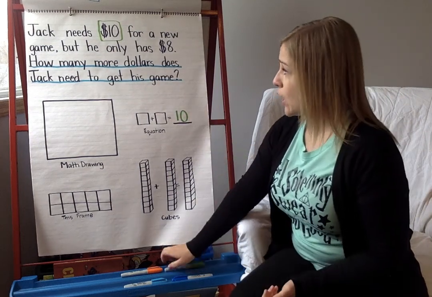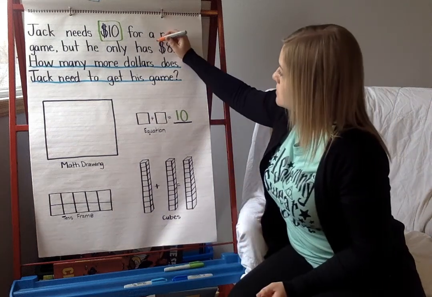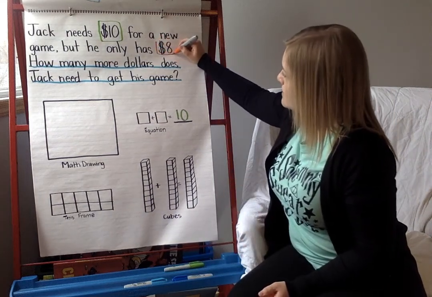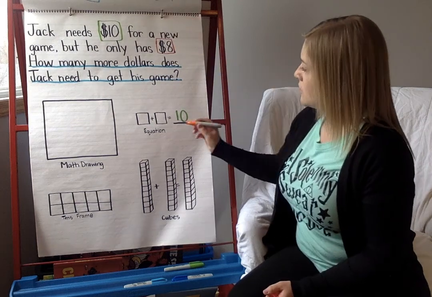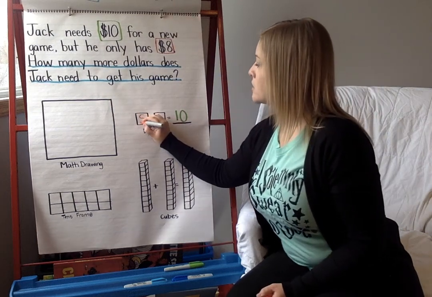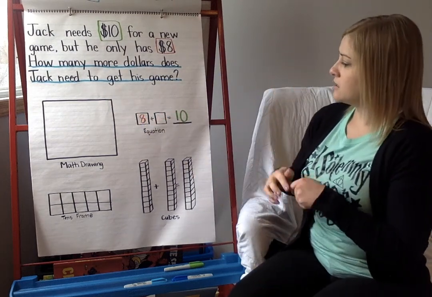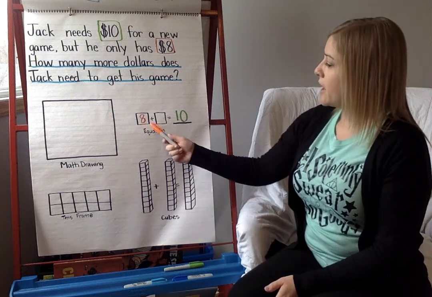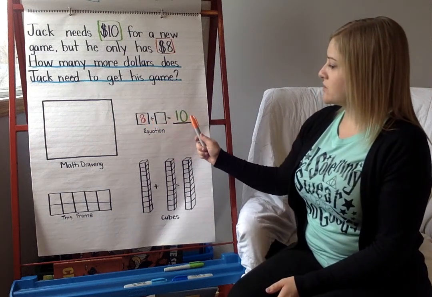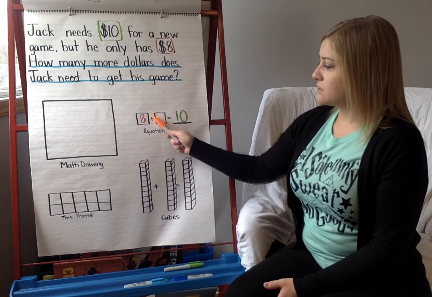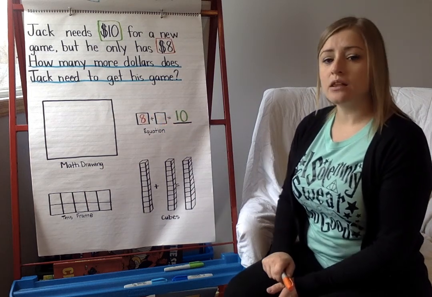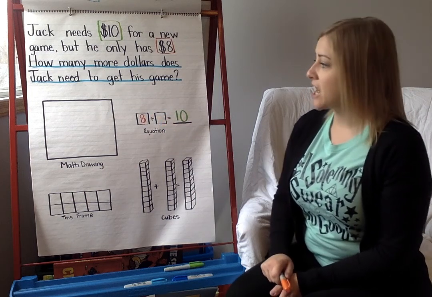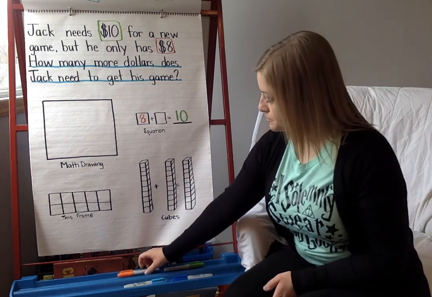Then it says, but he only has $8. So if he only has $8, we know that one of our number partners is 8. 8 plus blank equals 10. Finding this missing partner is going to tell us how many more dollars Jack needs to get his game.